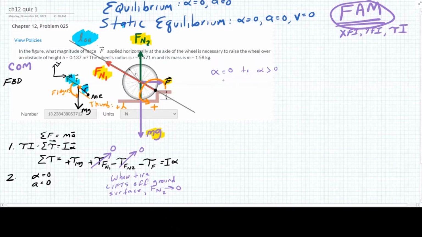It's because I'm right at that cutting edge. And as this wheel does start to move up over the curb, at that break-even point, I lose contact with the ground surface, and I'm left with only these two torques: the torque produced by the weight, and the torque produced by this F force.